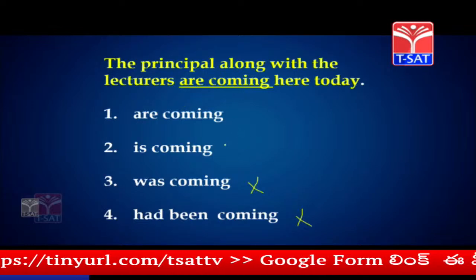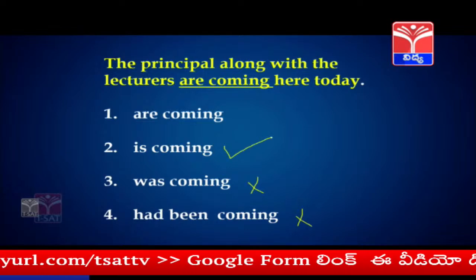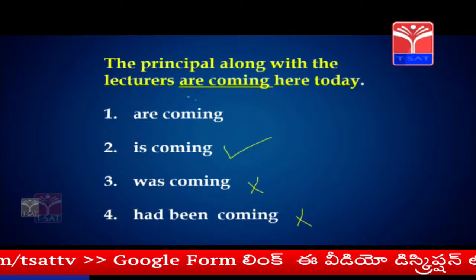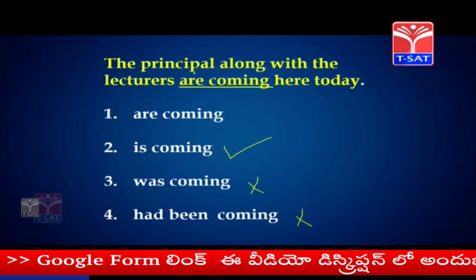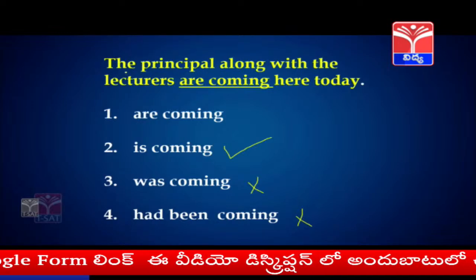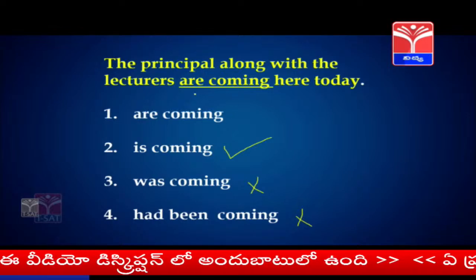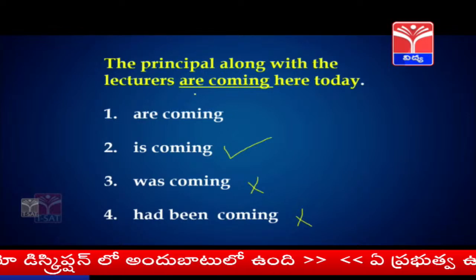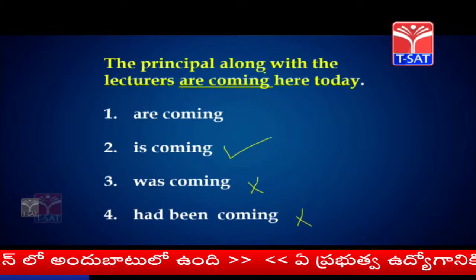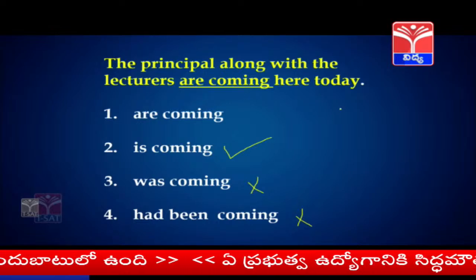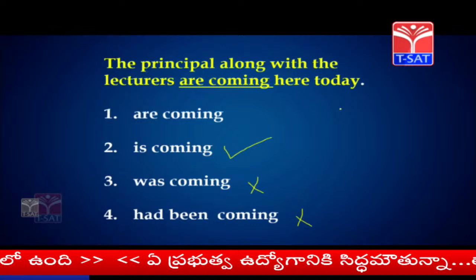So, the right answer is the principal along with the lecturers is coming. The head word is the principal. So, there must be agreement between the word principal and coming. So, here the problem is with the number feature: the principal along with the lecturers is coming here today. Let us see the next one.